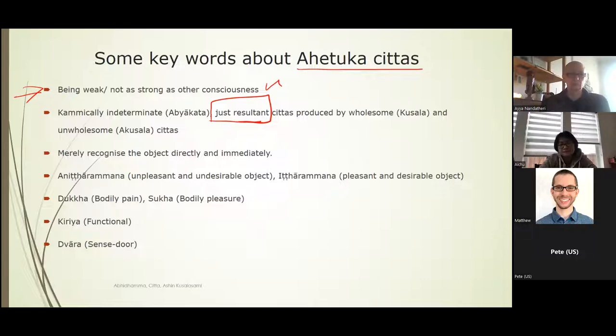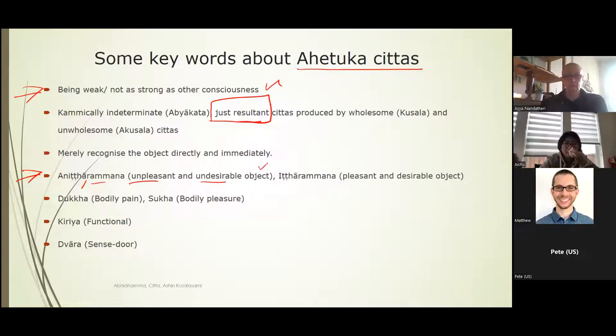You will know later. And the next word is Anittharamana. Anittha means unpleasant or undesirable.